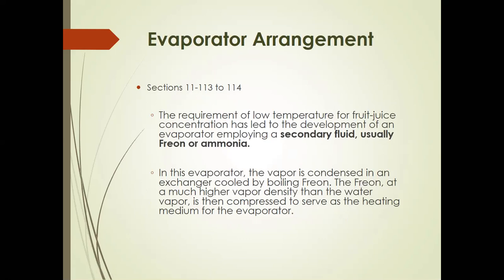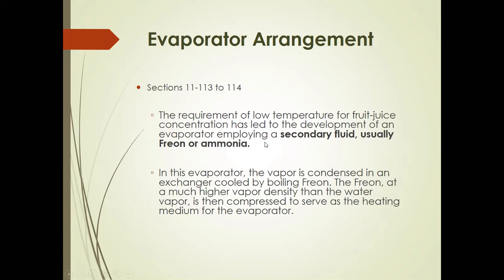And in this case, they are really very temperature sensitive, and as such, they need to be concentrated at low temperature. Now, there is this particular heating fluid that is being used for such evaporators, which is the freon or ammonia. It's a secondary fluid, so meaning you're still using steam, but after the evaporator has already reached a certain temperature, then they use freon or ammonia.